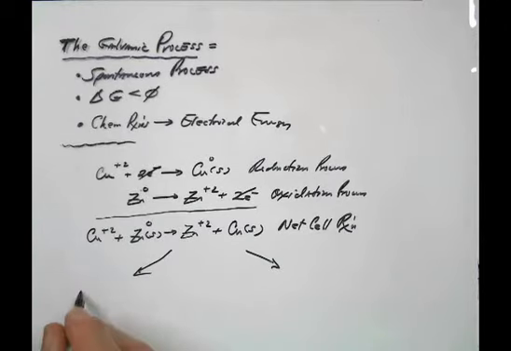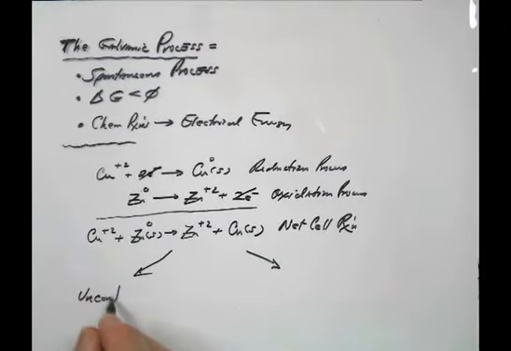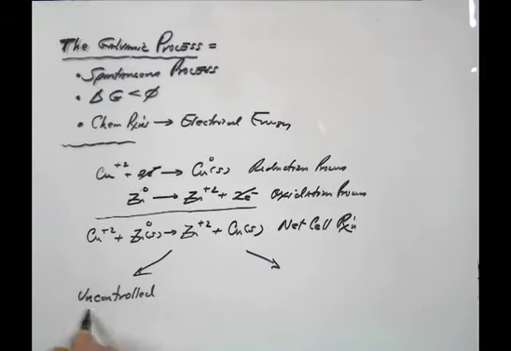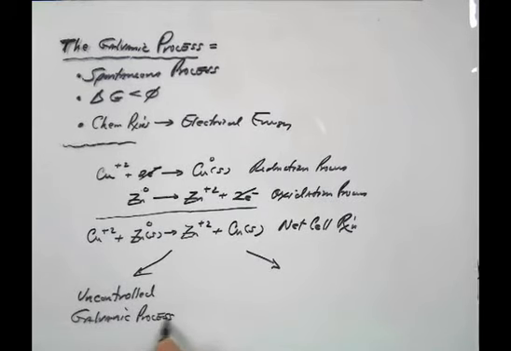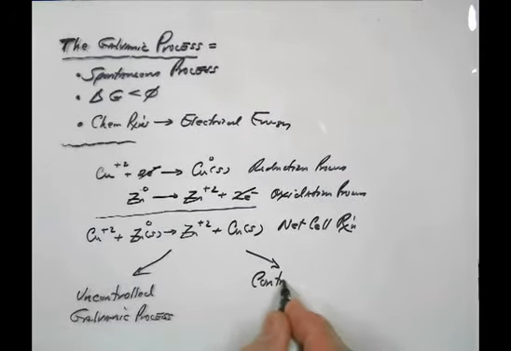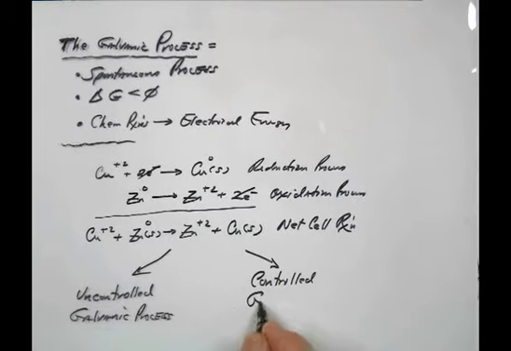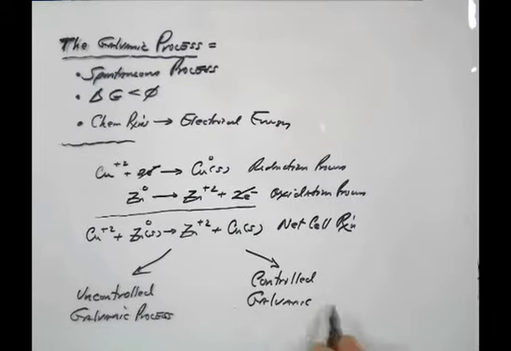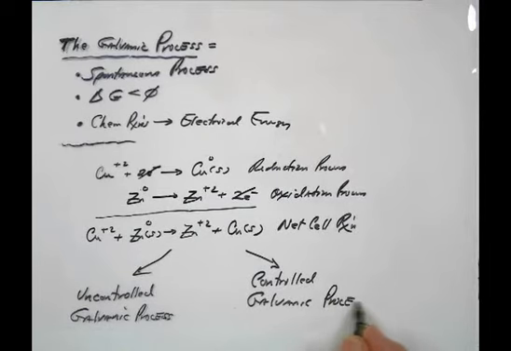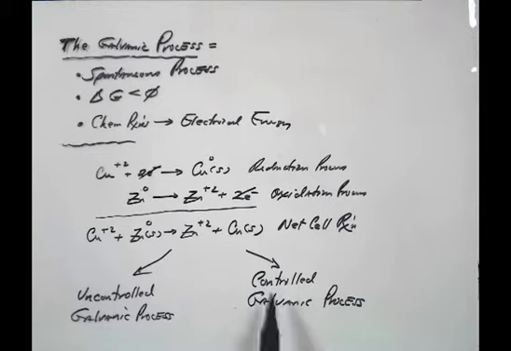You have an uncontrolled galvanic process, and a controlled one. In order to generate a sustainable delivery of electric charge, you have to, of course, have a controlled galvanic process.